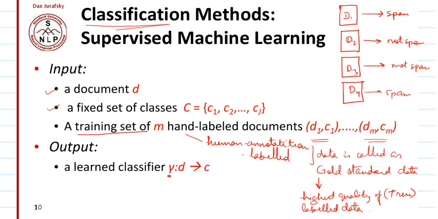Right. So let's see what's the architecture here. So this is the algorithm, and we give input here, the training data. We give the training data and we also give the classes, the set of classes.